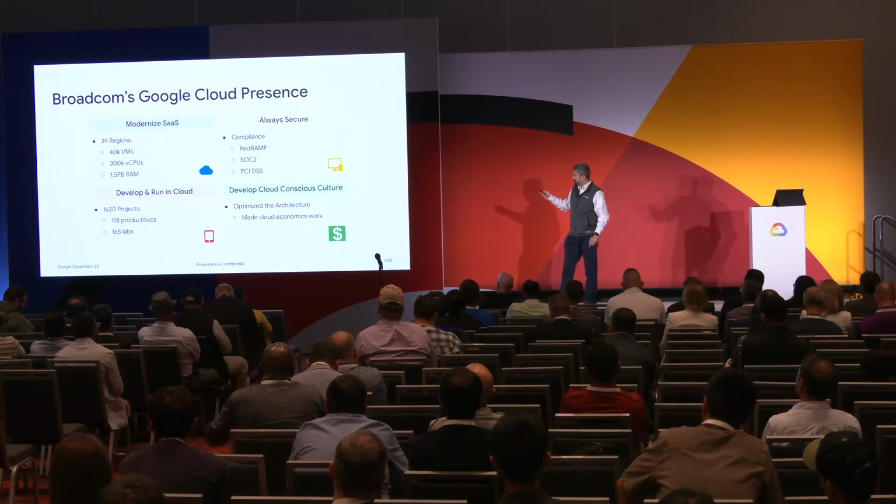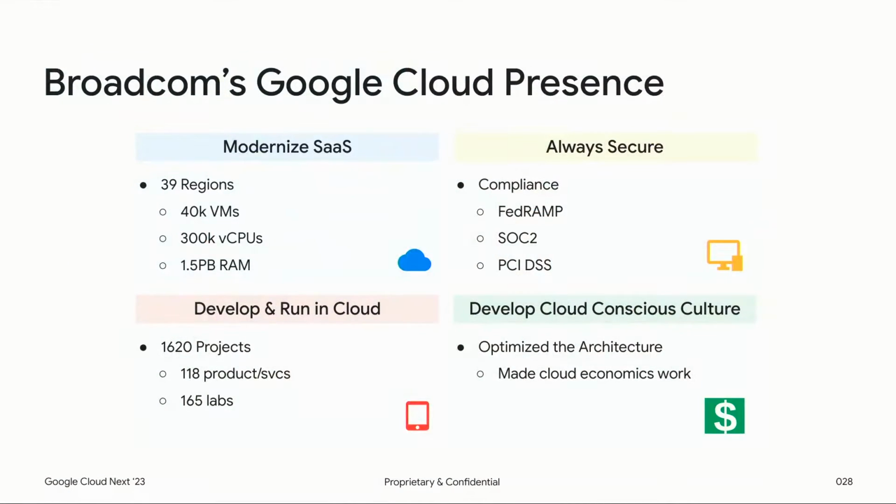I want to focus a little more on developing a cloud-conscious culture. The mega transformation effort that I talked about, to migrate or retransform all the SaaS services, required one critical thing: to empower the engineer.